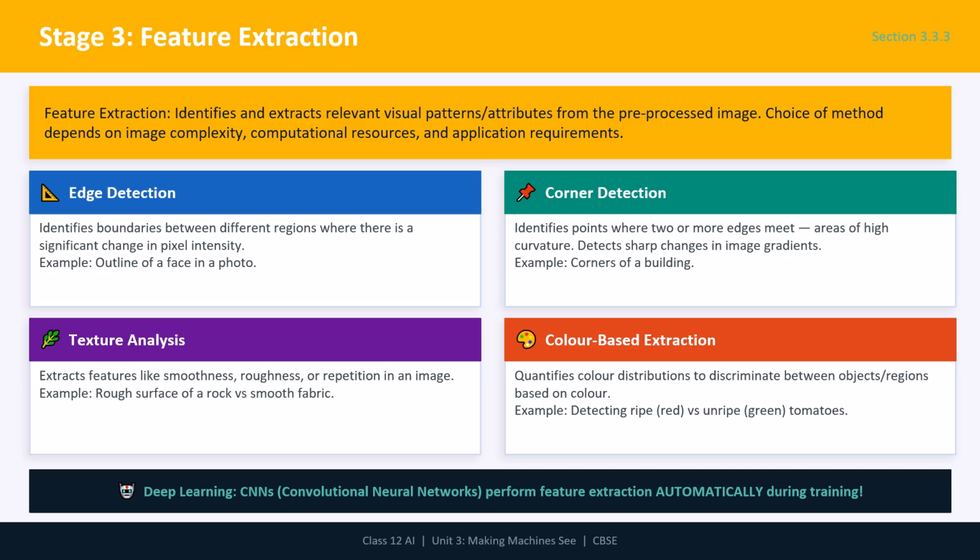And here's the most important line for your exam in deep learning approaches. Feature extraction is performed automatically by CNNs, convolutional neural networks, during the training process. You don't need to manually define features. The network learns them on its own. That's the real power of deep learning.